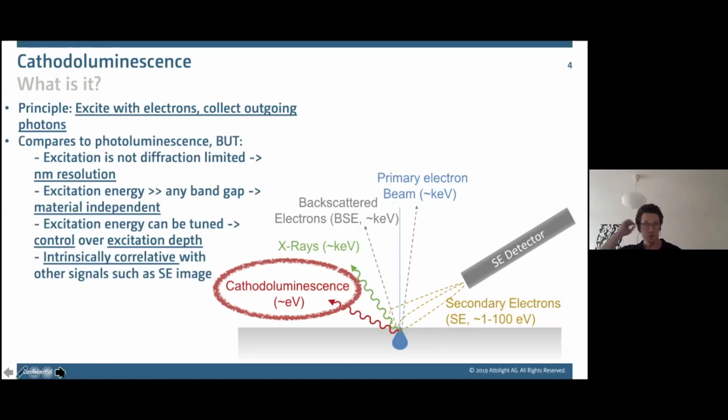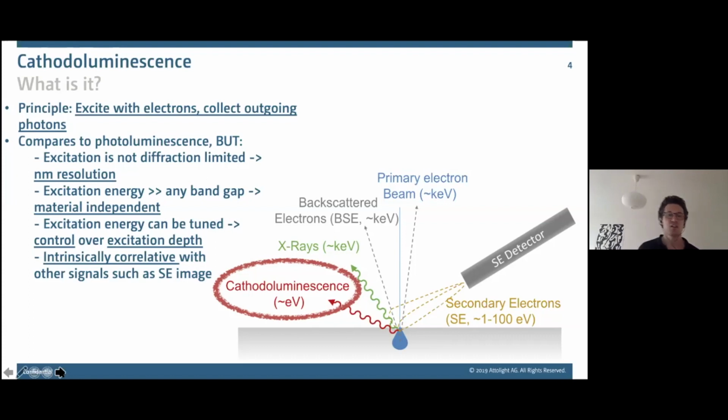It does compare to photoluminescence spectroscopy in the sense that it's kind of close. You're really analyzing outgoing photons. The few interesting differences with it are, first, the excitation is not diffraction limited for the length scales we're interested in. So you have nanometer scale resolution.